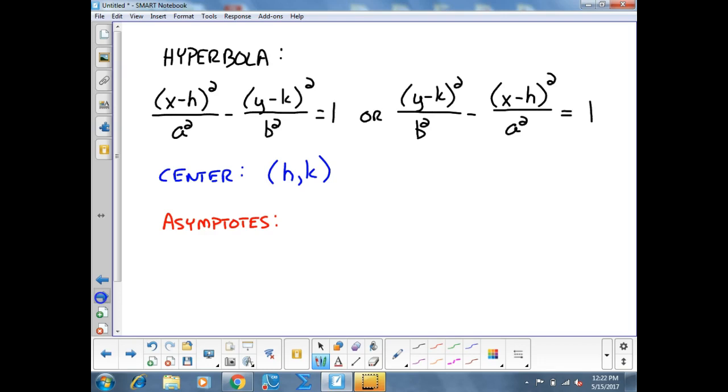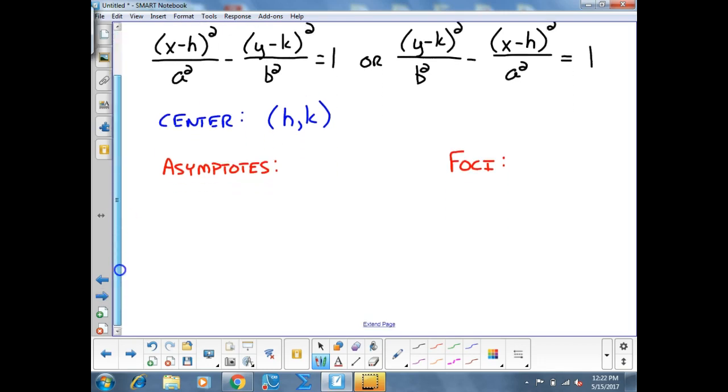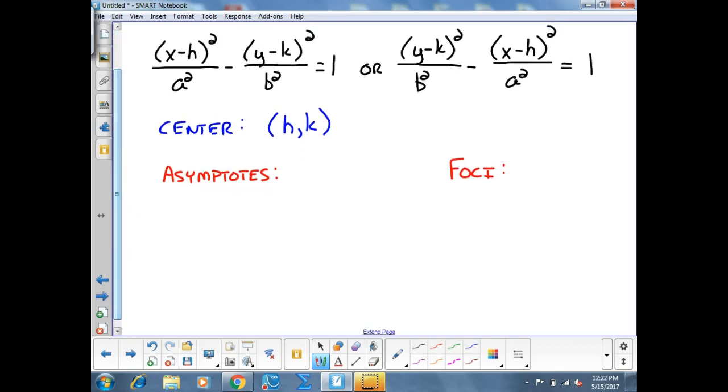Foci. What else? Vertices. What are the vertices on it? They're the midpoints of the sides of the box. Yep. Depending upon the direction of opening.